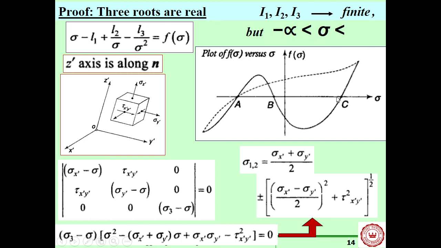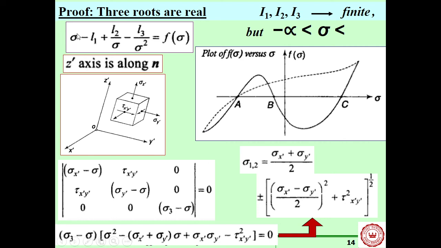Now, when we are making this plot, what is the range of this sigma? This plot we can make from minus infinity to plus infinity. Right? So whatever the values of I1, I2 and I3, we can always assume some sigma which is much greater or much less than the highest and the lowest value. Now, you see, if our value of sigma is very high negative, towards minus infinity, what will happen?